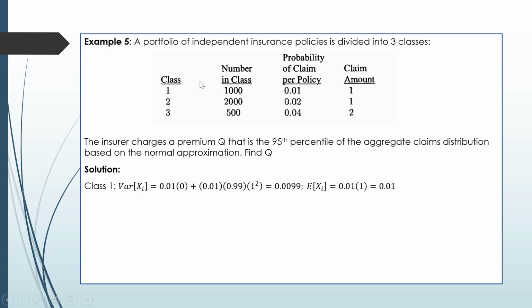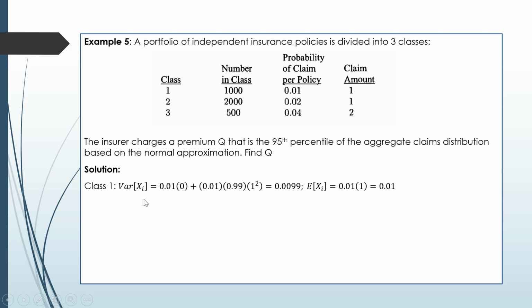Let's look at the first class. The variance of a policy in the first class is variance of Xi, which is equal to 0.001 times variance of the benefit, here the variance is 0 because it's not included, plus 0.001 times 0.999, that means q times 1 minus q, times expected value of B squared, and the expected value of B here is 1.